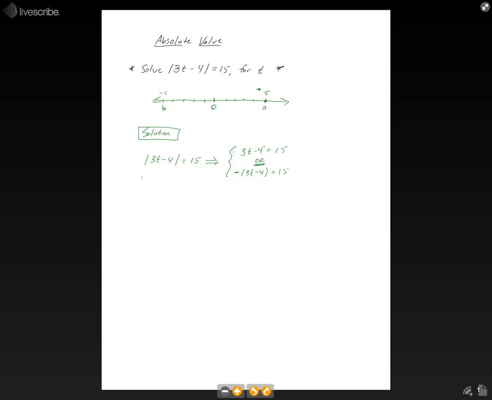Okay, and that's how you get rid of those absolute value signs, is that you set this up as two different equations that you're going to solve. One is the positive version of it, like the +5 we did up here on the number line, and one is the negative version of it, which is like the B, or the -5 we did over here on the number line. Okay, I'm going to label these 1 and 2, and we'll take them separately.